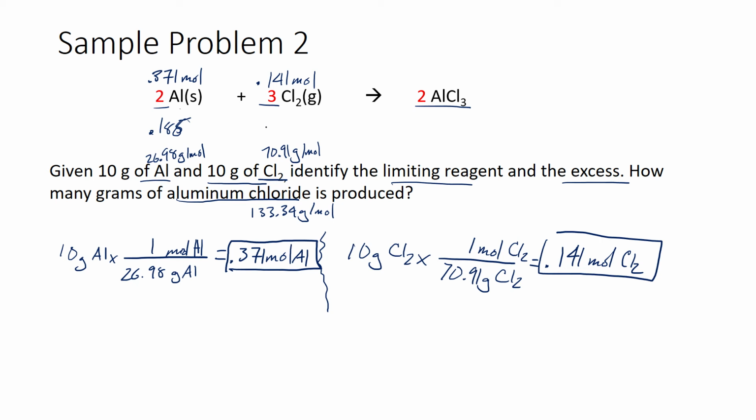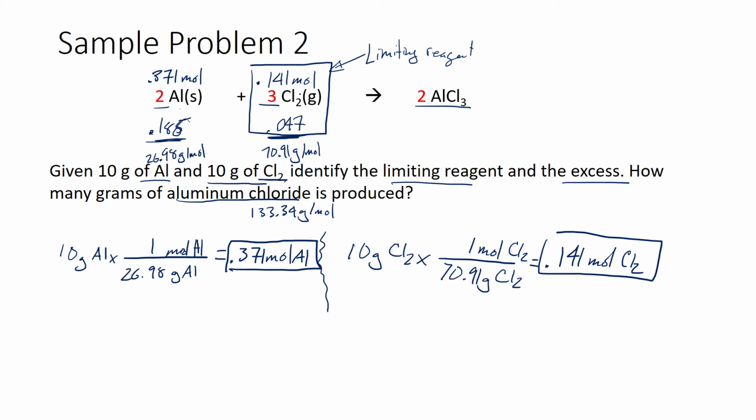If 3 parts chlorine weighs 0.141, so 0.141 divided by 3, so this is 0.047. This number is way smaller than this number, so we know that chlorine is the limiting reagent, right? Because 1 part chlorine is super small, 0.047.